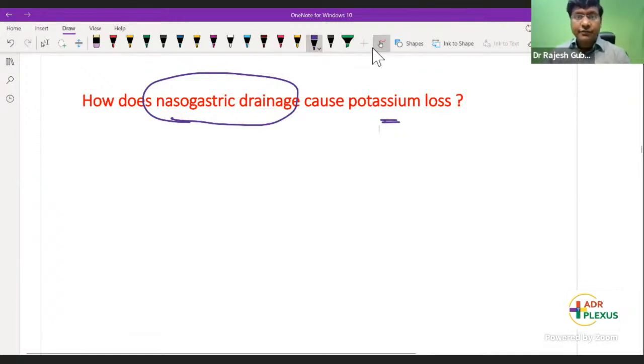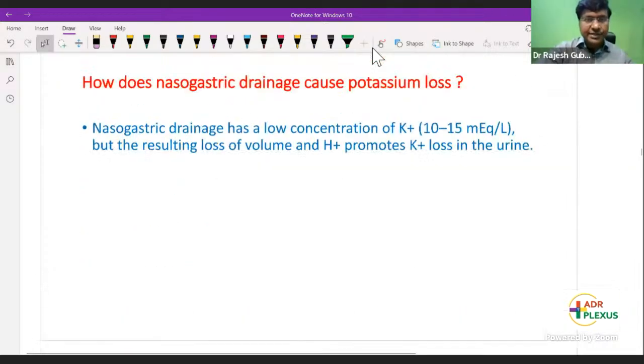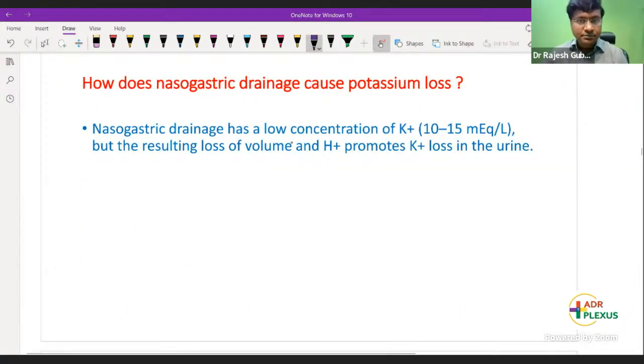See, whenever you are doing the nasogastric drainage, that has low concentration of potassium, but the resulting loss of volume and H+ ion will promote the potassium loss in the urine.